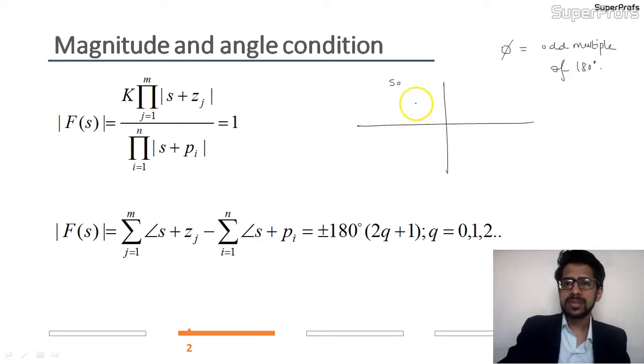So this is the s naught for which we have to check whether it lies on the root locus or not.